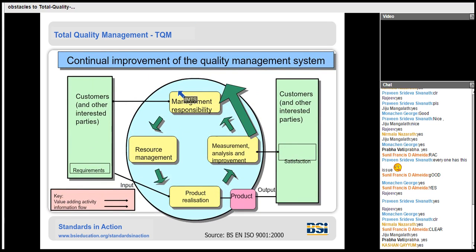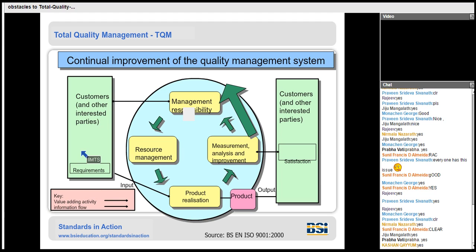So this is a continual improvement of the quality management system. How? You see the organization part: management responsibility, resource management, product realization, measurement analysis and improvement. Then customers and other interested parties. First the requirements are given by the customers to the team.